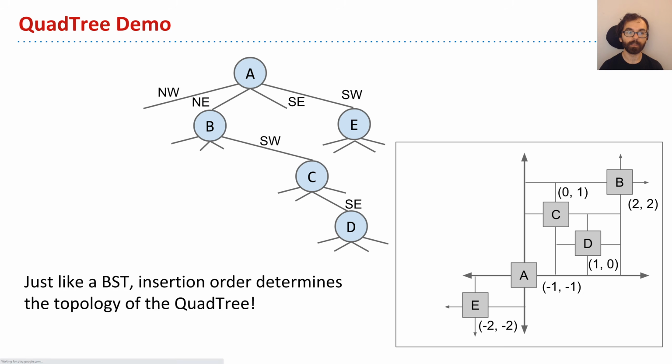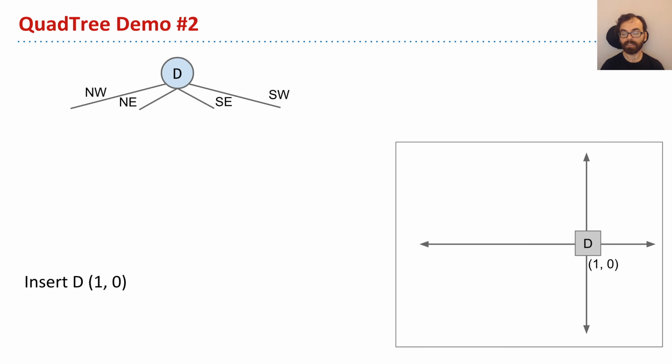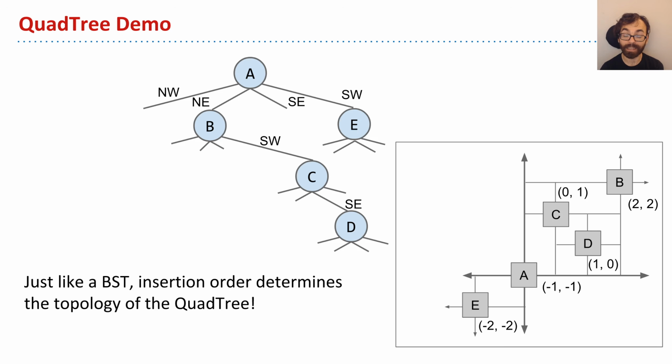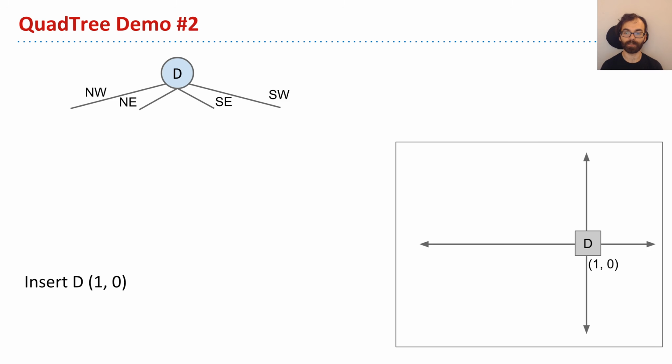Now, just like a binary search tree, the insertion order will determine the topology of the quadtree. It could be spindly, it could be bushy. So just to give you another example, let's do the exact same data, but now inserting in a different order. If we start with D, we insert 1, 0. The next one we'll do is -1, -1.